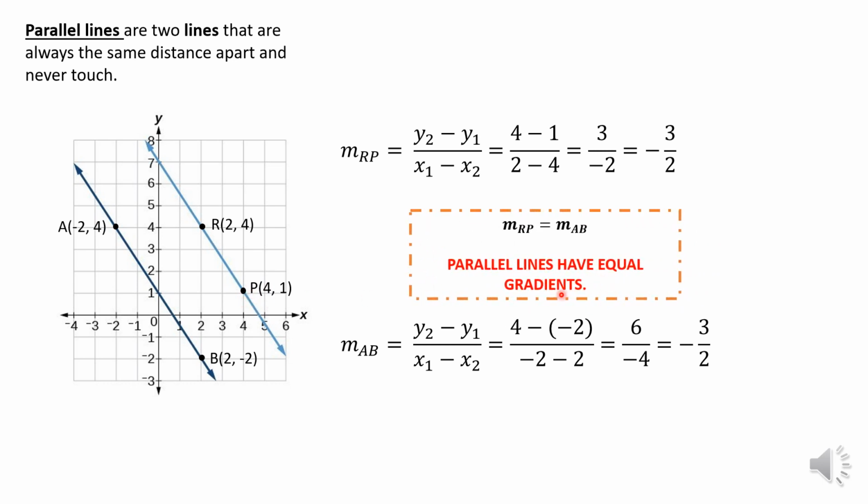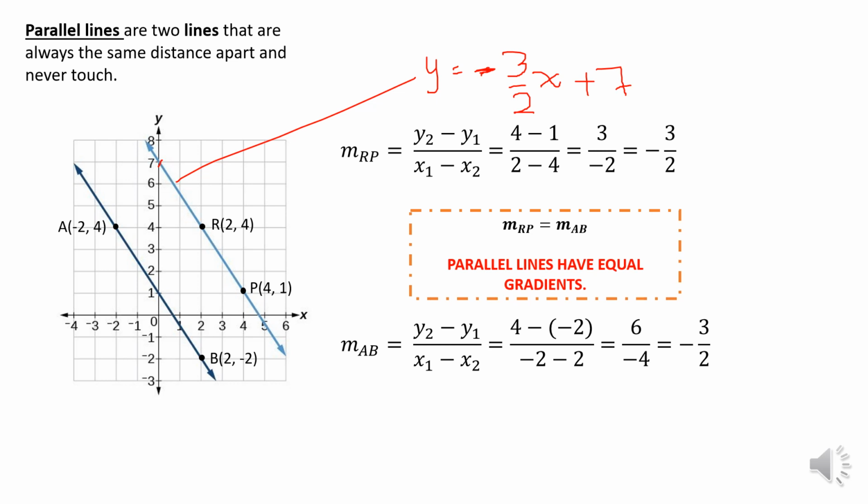This is very important that you understand. The only thing that comes into play is where the lines are cutting the y-axis. So I can actually write the equation of this line here. It's going to be y equals negative 3 over 2 x, and it cuts the y-axis at 7, so plus 7. That is what that equation is.